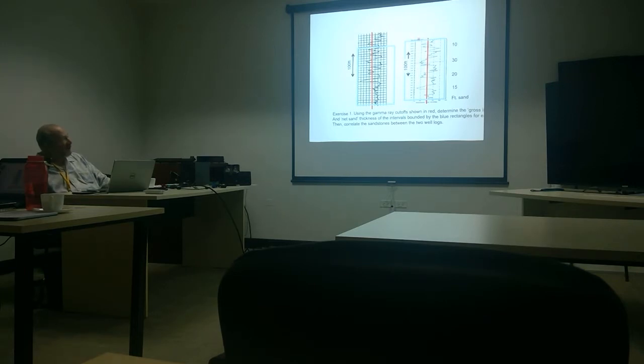It's about 10% up here, about 30% here, about 20% net sand there, and about 15% there, a couple of percent here, and that all totals up to about 75 feet of net sand out of 100 feet.